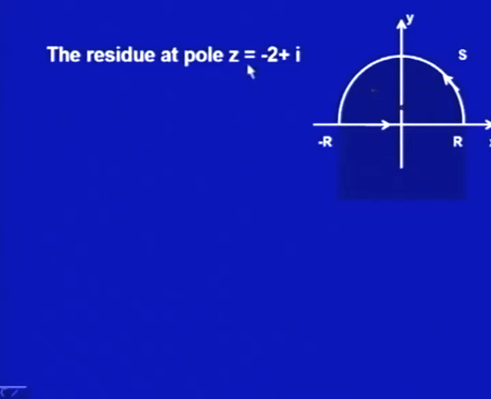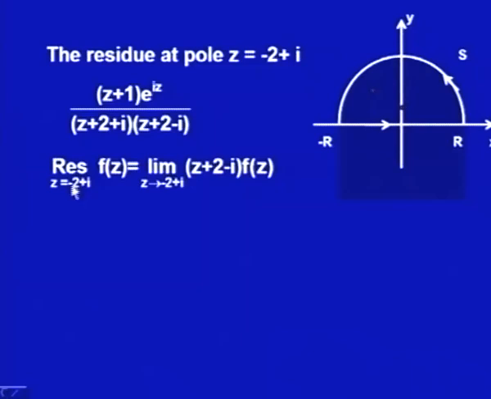Again, because it is a simple pole, I would use the first formula: residue at z = −2 + i of f(z) is the limit as z approaches −2 + i of (z + 2 − i) times f(z). If I multiply (z + 2 − i) with this f(z), I would get (z + 1) e^(iz) upon z + 2 + i. So, I would get the limit as z approaches −2 + i of (z + 1) times e^(iz) upon z + 2 + i.